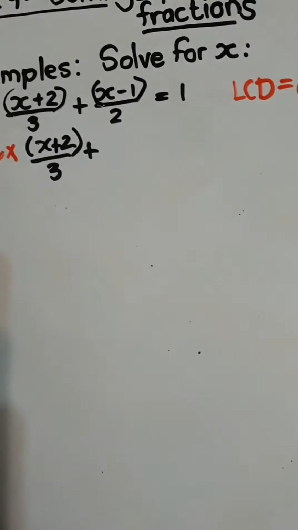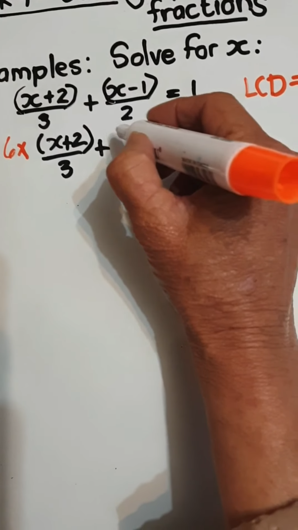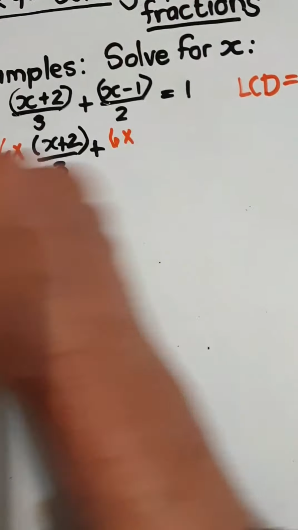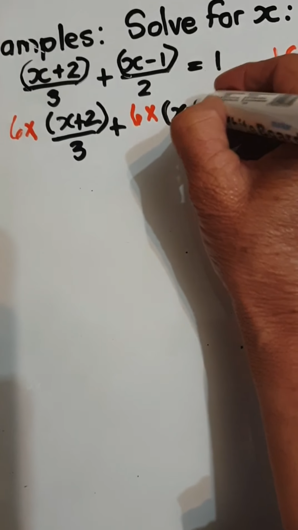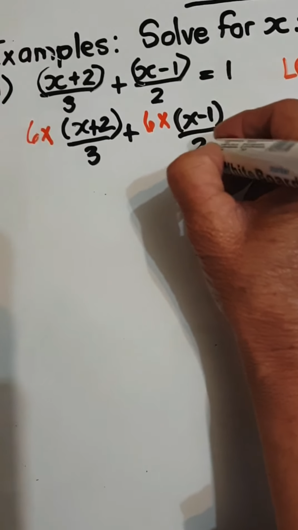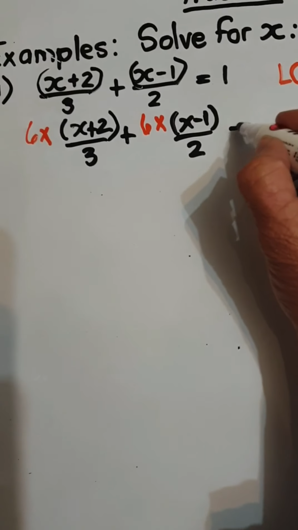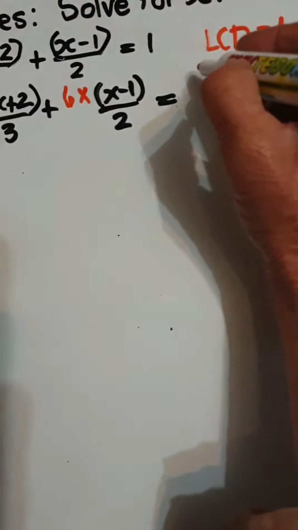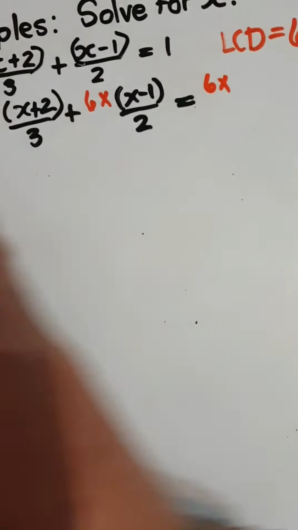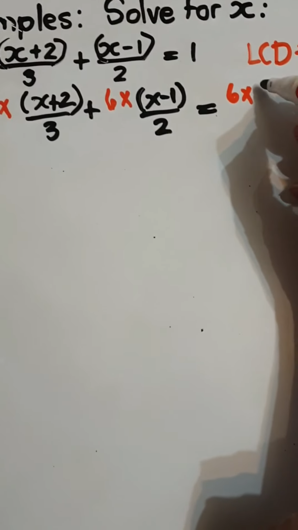Plus 6 times x minus 1 over 2, and that must be equal to, and I do the same with the 1 on the right hand side. I say 6 times the 1.